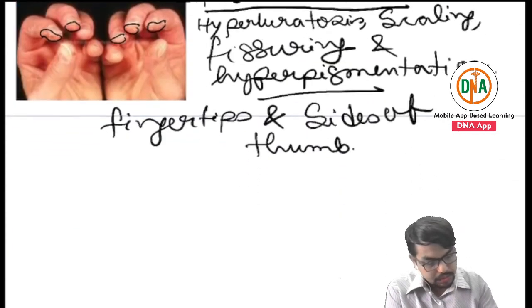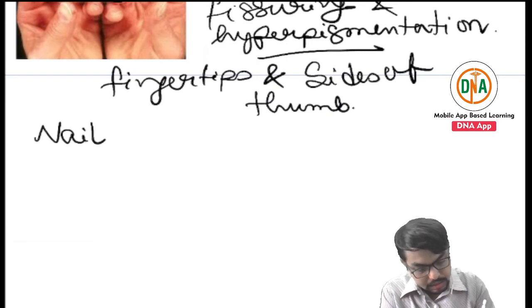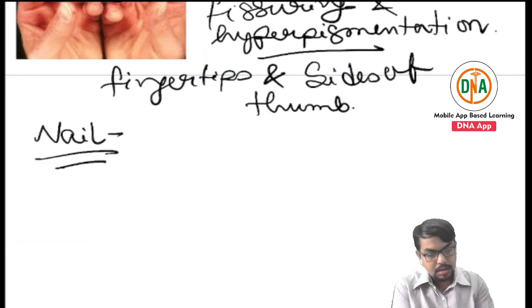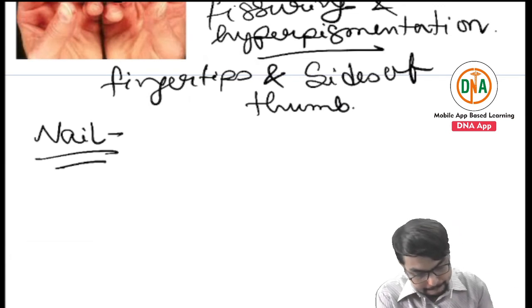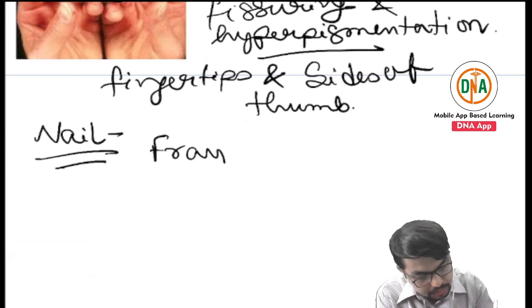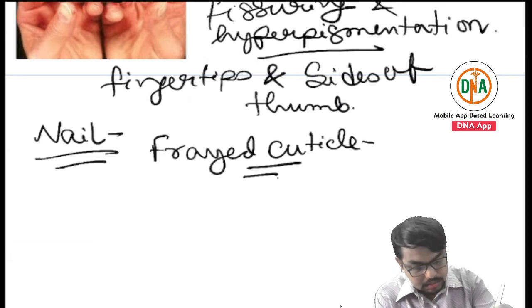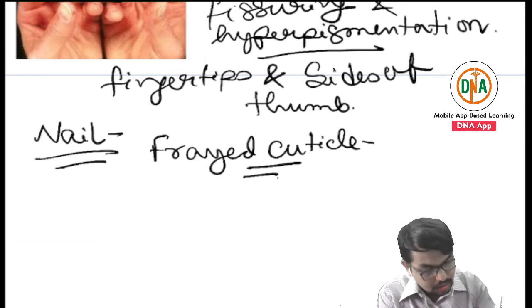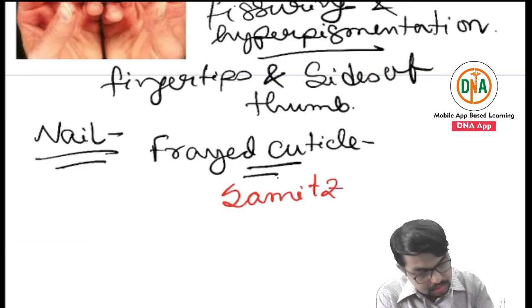Next, what are the nail changes of dermatomyositis? Here you get frayed cuticle. This is known as Samith sign.